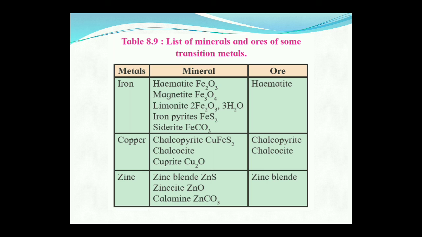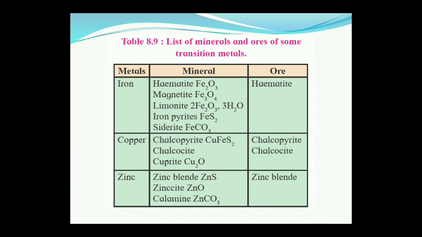To make that concept clearer, let us take some examples. Suppose we have taken iron as an example. Then, what are the minerals of iron? The commercial names of the minerals of iron are hematite, magnetite. Again, you see the formula Fe2O3, iron oxide. That means magnetite is also an oxide. It forms a compound with oxygen, that is a non-metal.